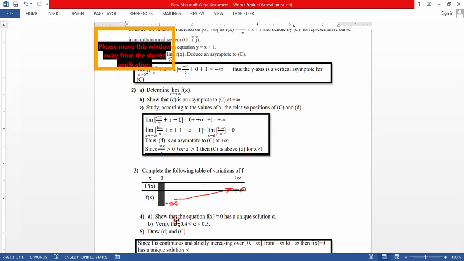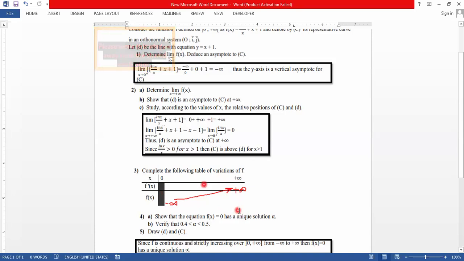Before I answer, as I always tell you, whenever they tell you that f of x equals 0 has a unique solution, that will give you a hint that the table of variation is increasing for every x or decreasing for every x, from a positive to negative or from negative to a positive. That would give you a hint that your table is correct, okay? So pay attention to this. Why does f of x equals 0 have a unique solution?